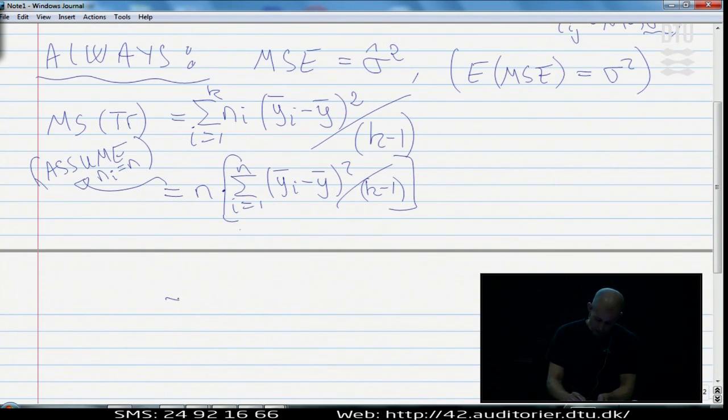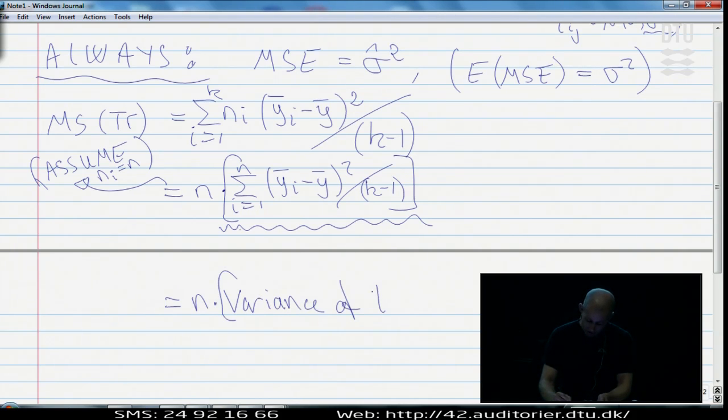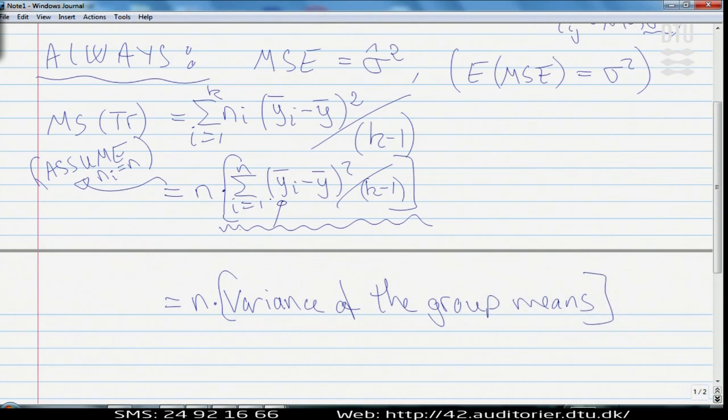Then if we look at this term here, and look at what that is, if I write it in words, this is the variance of the group means, right? Look at this. I take each individual group mean, I subtract the overall mean, and I compute the sum over, sorry, it should not be n, it should be k here.